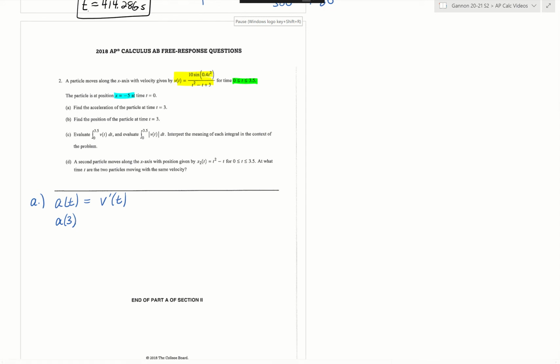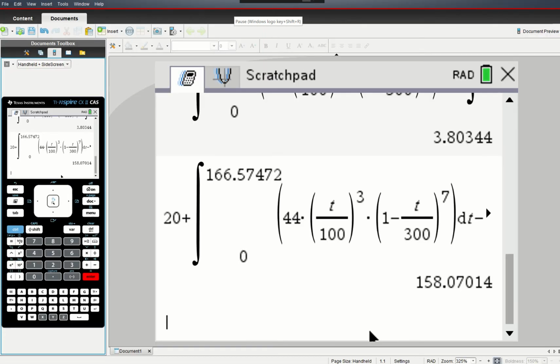All right, so let's be a little bit smarter about how we use our calculator this time. What I'm going to do first is store v of t in my calculator. Remember, to do that, you can give the function its name, and then press control and get this colon equals, and then we can type in our function. So let's make sure I get this typed in correctly.